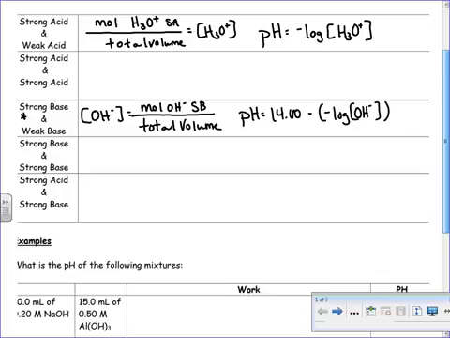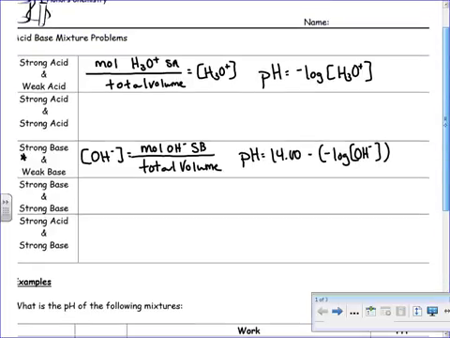Kind of following through logically, if we're going to mix a strong acid with a strong acid, both of those solutions are contributing hydronium. So we're going to get moles, because it's an acid, we'll be solving for hydronium concentration. Remember that if you see H+, H3O+ and H+ are often used synonymously.